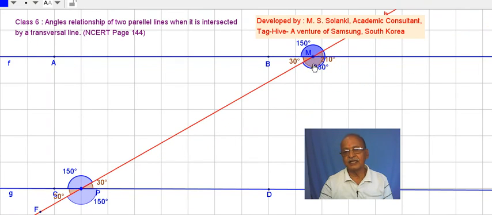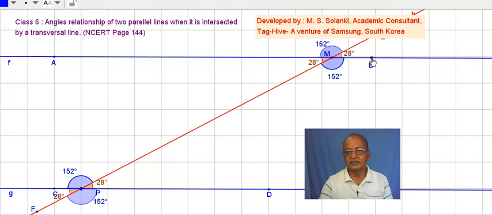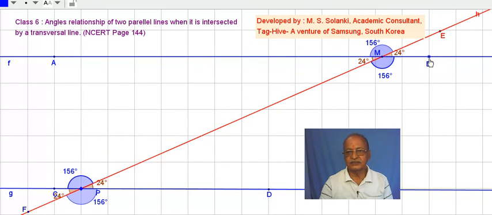Now you can see I am shifting the angle. We have taken this from B. 156, 156 here, 156, 24, 24 and so on.